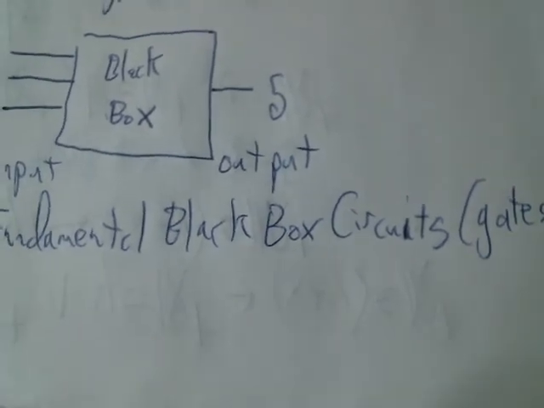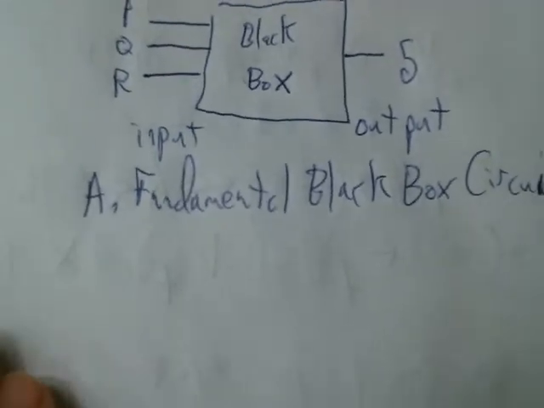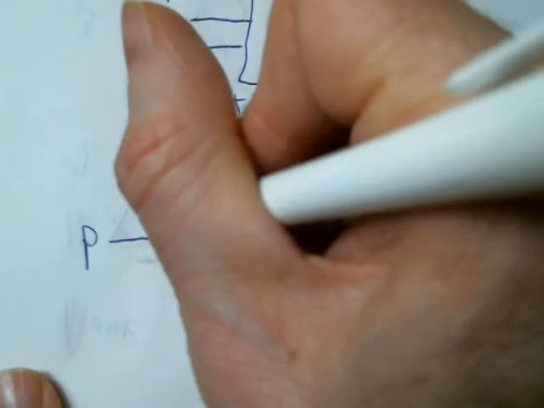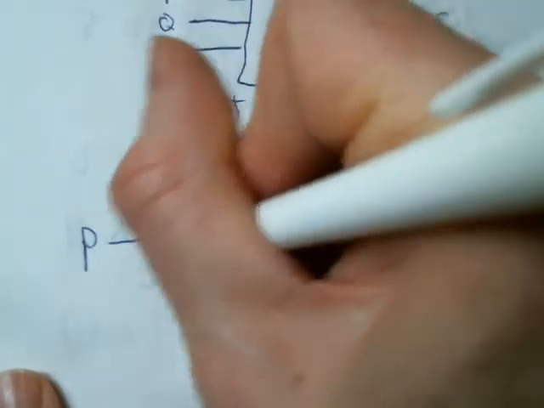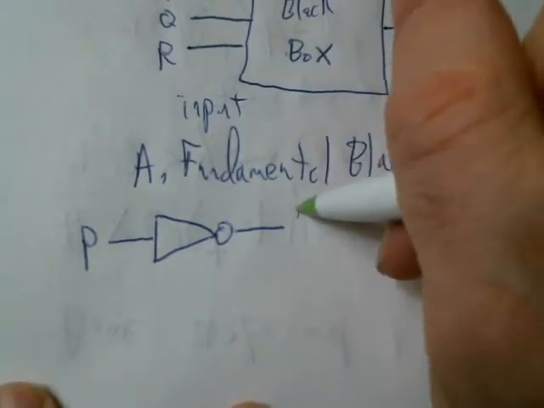We'll have zeros and ones instead of trues and falses. And we also have little pictures associated with these things. So for example, P, and then this symbol thing, this caret thing, that's the NOT gate.